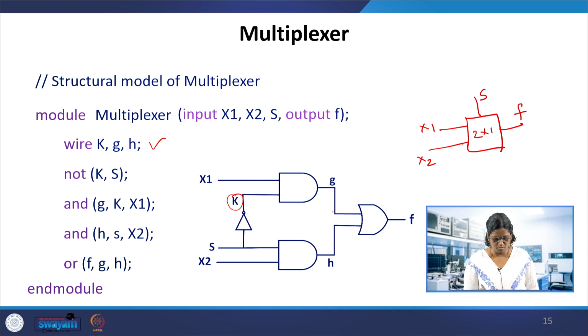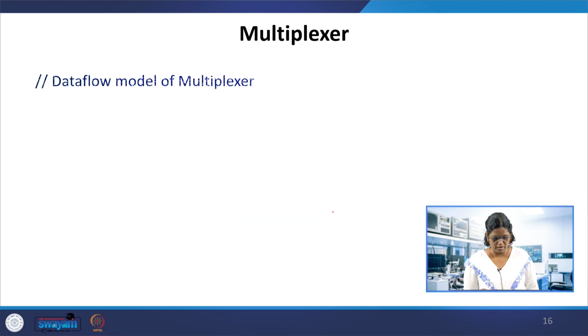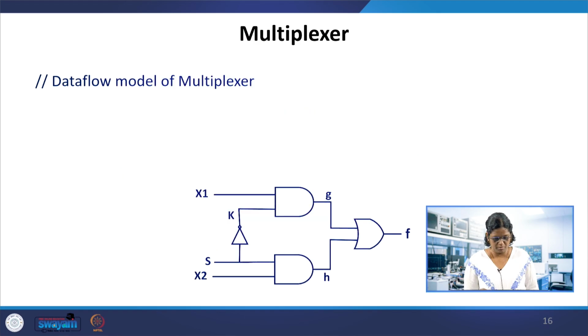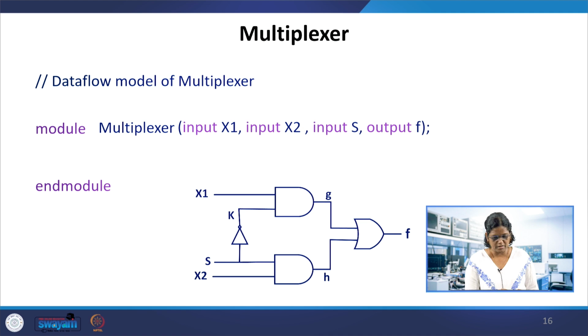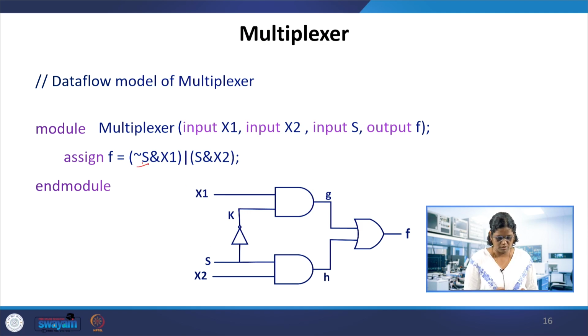Now this module in the data flow, we have simply changed to assign statements. The inputs are x1 and x2, input S also, output F. So assign F as tilde of S and x1. Here tilde of S is K, and this part is K and x1.